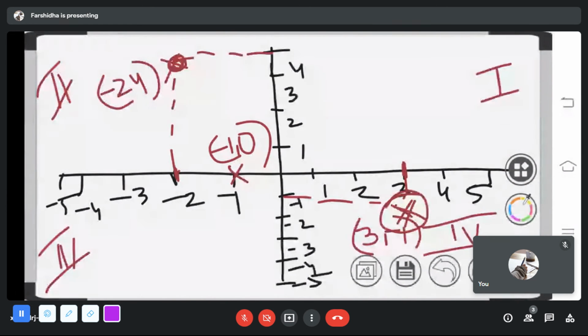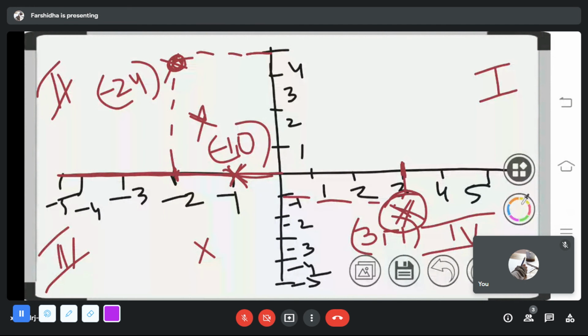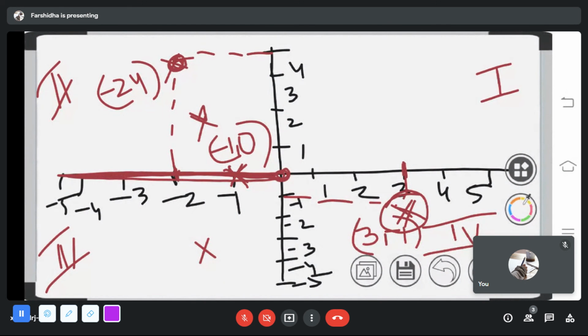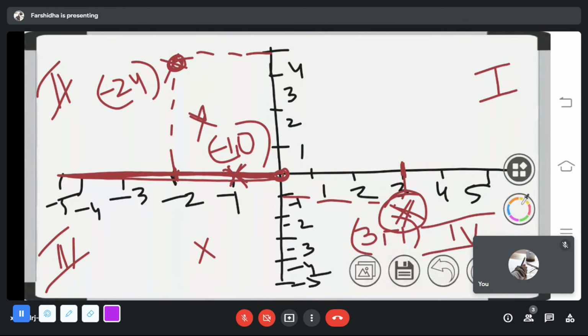No, because this lies on the line. See, this is lying on the line, not in this quadrant, not in this quadrant. So how can you say this is on the third quadrant? So you can write (-1, 0) lies on the negative x-axis. This is your negative x-axis, this side, left side of the origin. This is not coming on any of the quadrants. So you can write like that. Come to the next point.